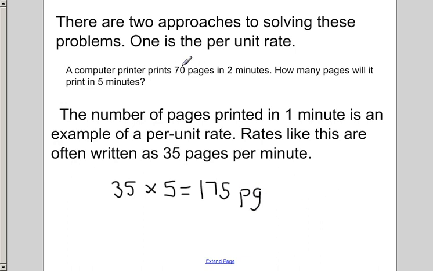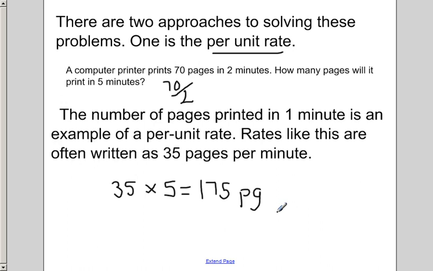So again, this example showed us a per unit rate. 70 pages in 2 minutes. We figured out how many pages in 1 minute, 70 divided by 2. We took that amount and multiplied by the 5 minutes that we were allotted to end up with 175 pages.